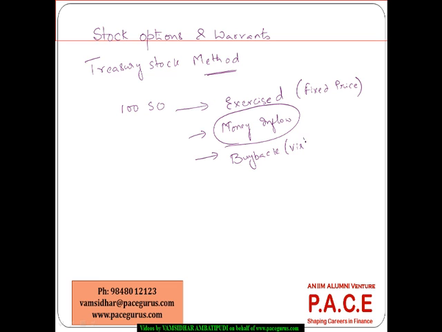virtually buy back the existing shares in the market at the market price. So the net new shares will be based on how many new shares got created because of the exercise minus how many shares got bought back using the fund that has come in.